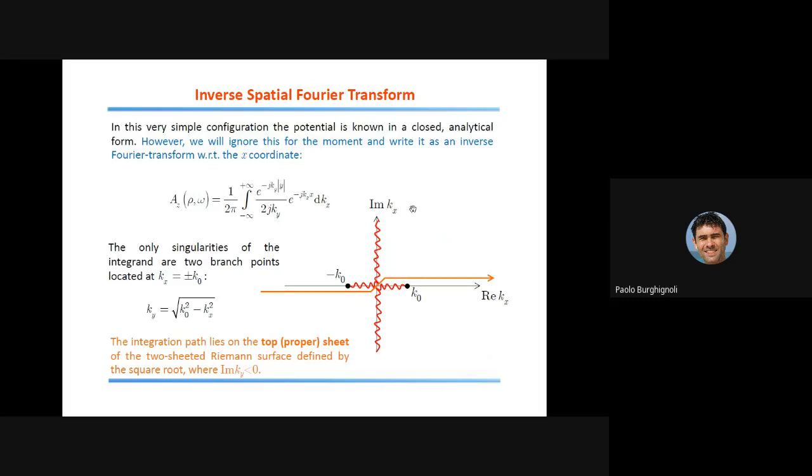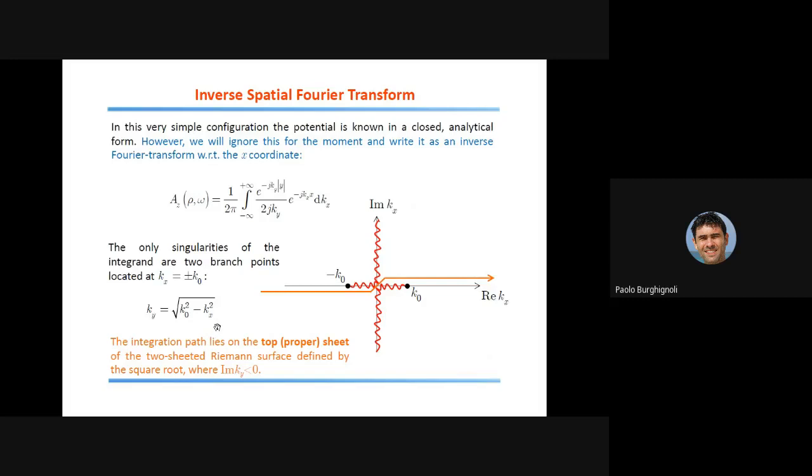In the complex plane of kx, which is depicted here, the only singularities we have for this integrand are a pair of branch points at plus and minus k0, and those are introduced by ky, which is the vertical wave number, defined by a square root function by the separation condition.